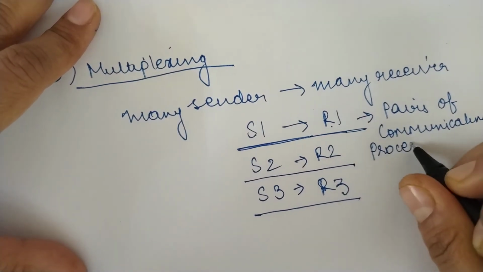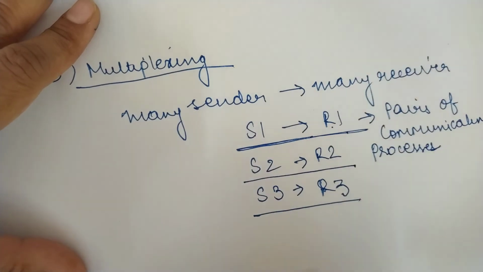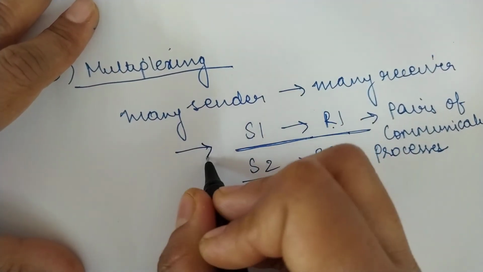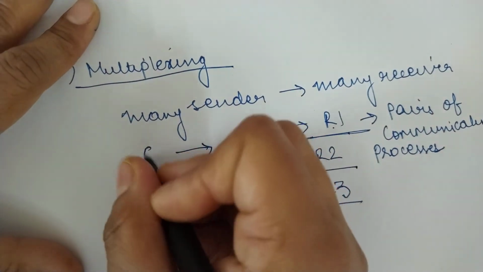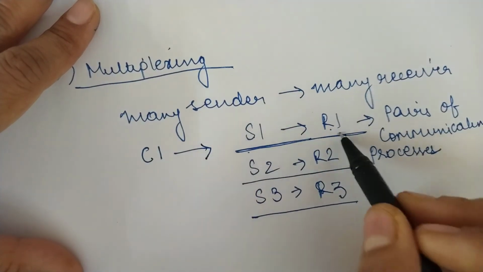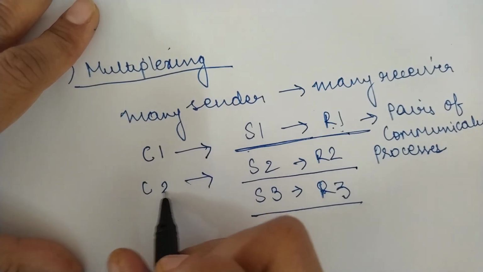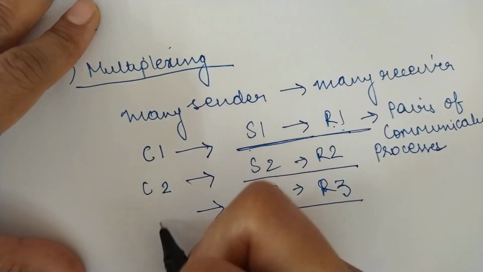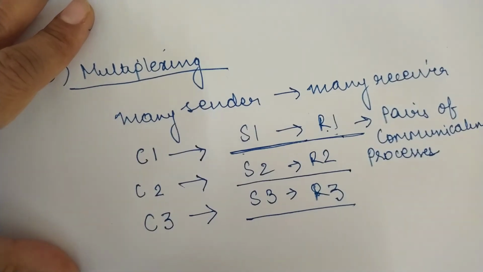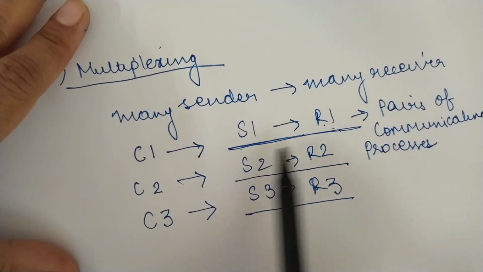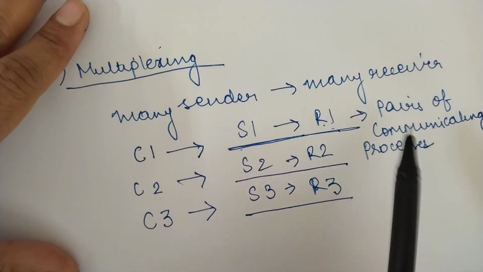In general what happens is that I set up a separate connection for all these three pairs of communicating processes. Say connection 1 for S1 and R1, then connection 2 for S2 and R2, and connection 3 for S3 and R3. In general, this is what happens, that you set up separate connections for separate pairs of communicating processes.